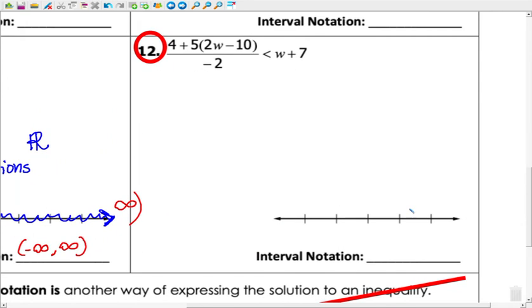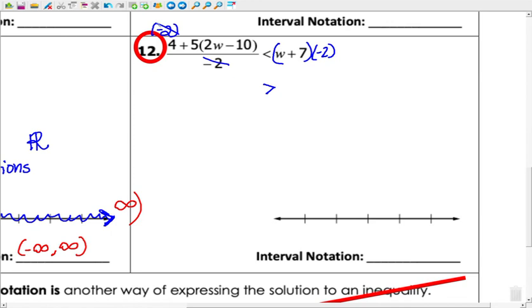This has a lot going on because my first step is going to be to get rid of my fraction, and I'm going to do so by multiplying by that -2. If I multiply a -2 on both sides, this will cause me to flip my inequality symbol. It will now turn this way.